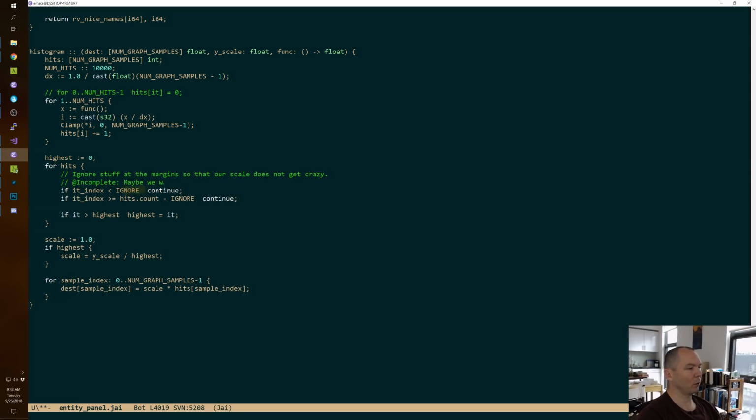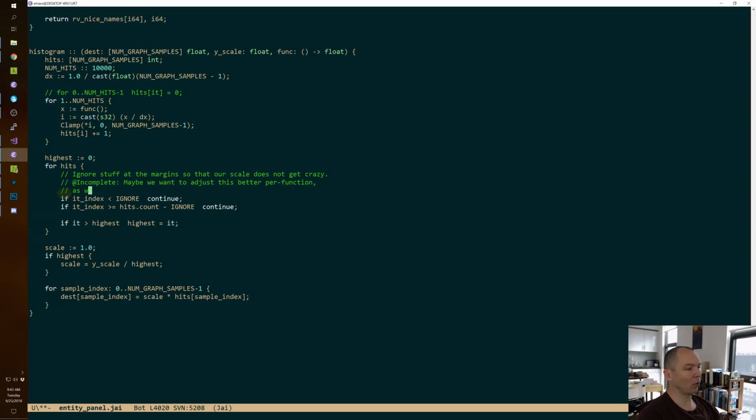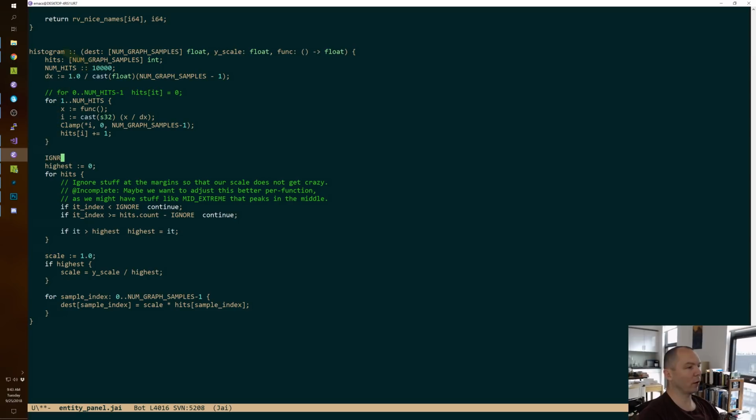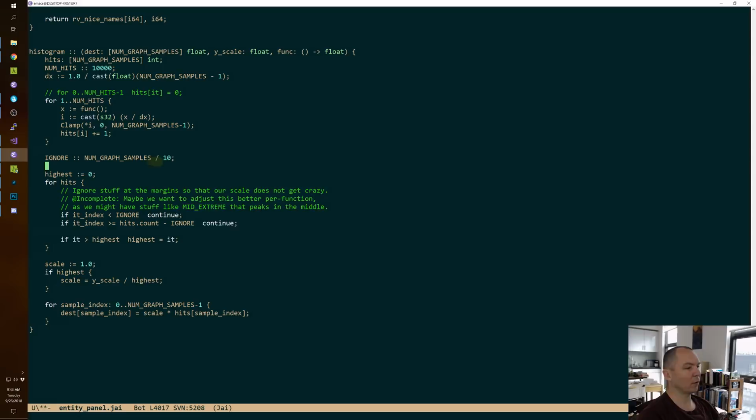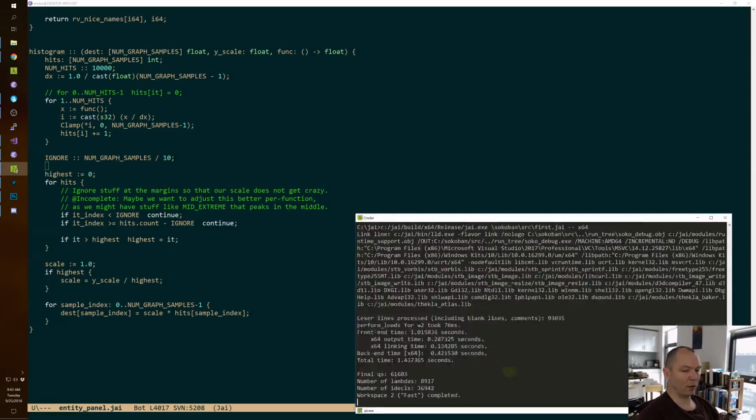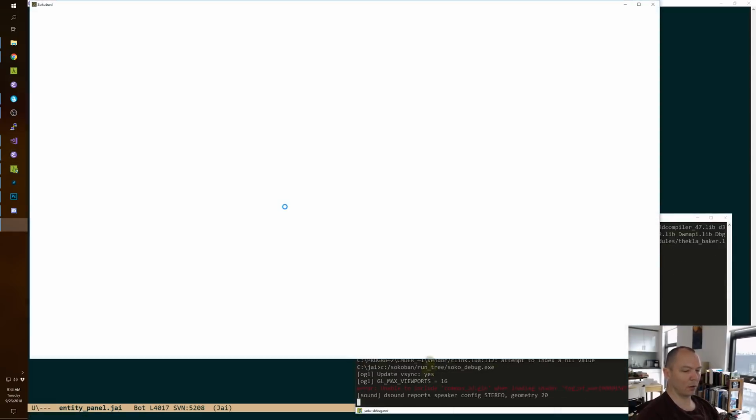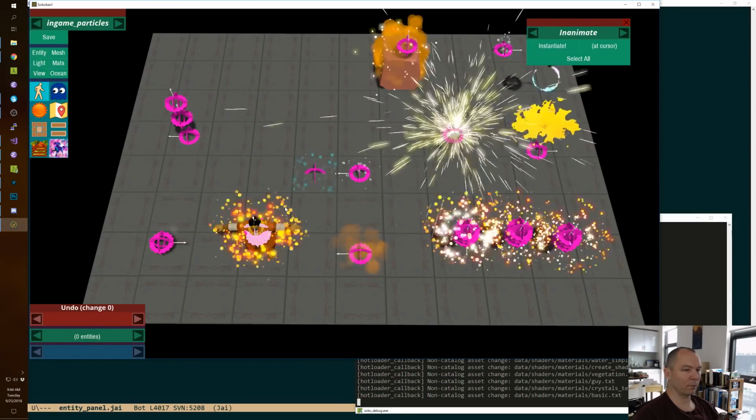Incomplete. Maybe we want to adjust this better per function, as we might have stuff like mid-extreme that peaks in the middle. So we're just going to let things go off the graph, and ignore is going to be num graph samples divided by 10. So the left 10th and right 10th of the domain are going to be allowed to go off the graph.